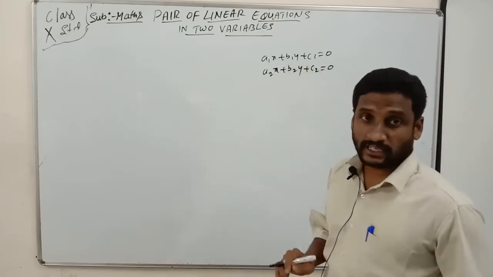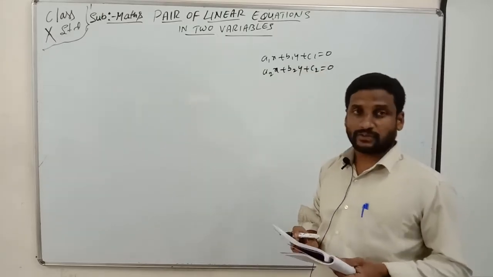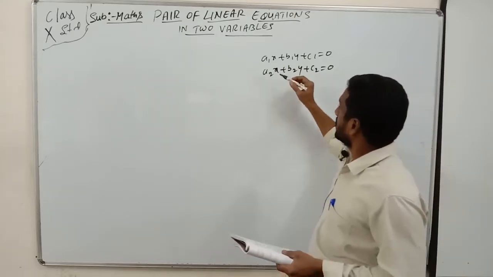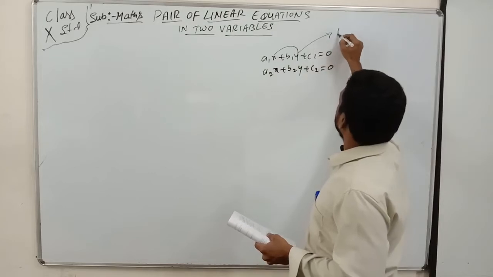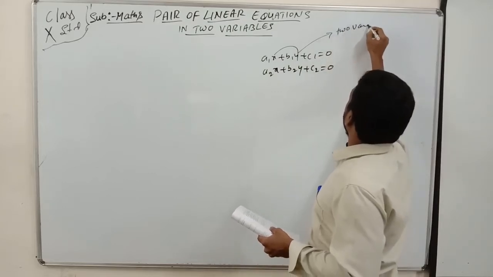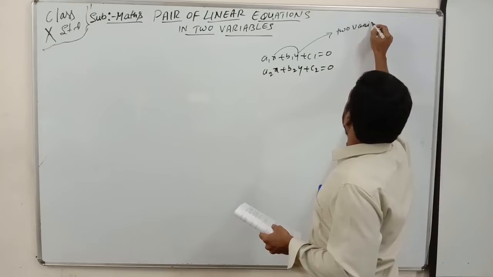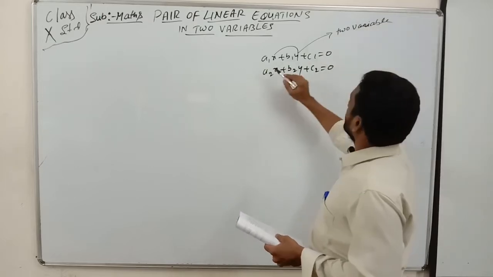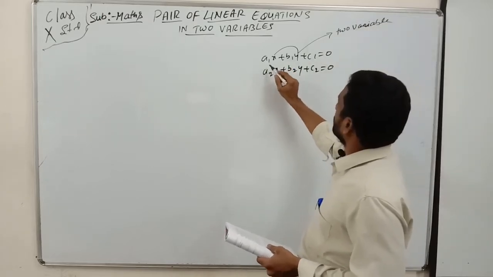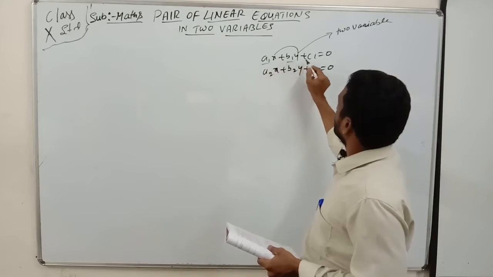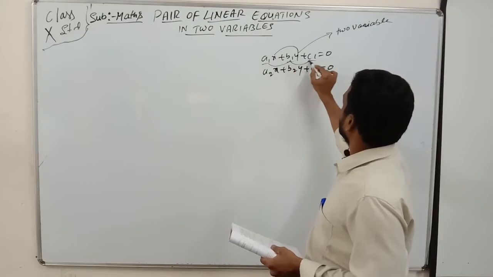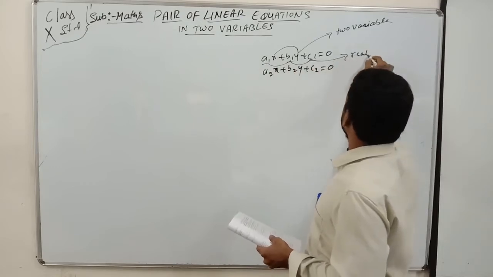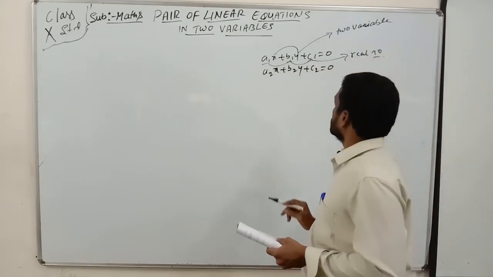So this is the general form of pair of linear equation in two variables. So here, x and y are the two variables. Here a1, b1, c1 are the real numbers.